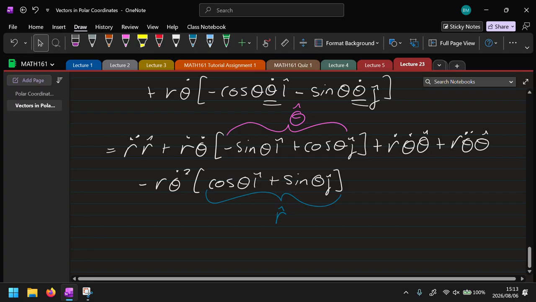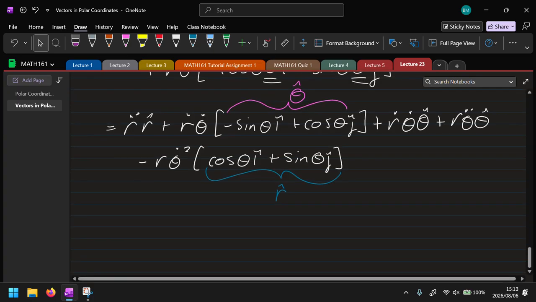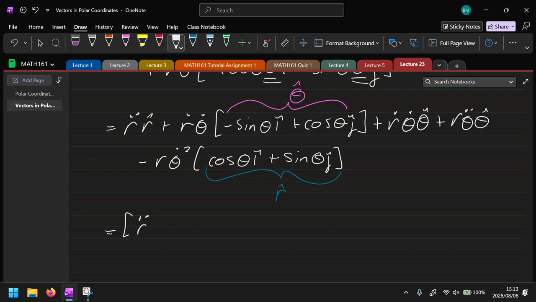So finally, we can combine all the like terms together. Everything with r hat, we're going to put together, and everything with theta hat, we're going to put together. So we have r double dot r hat, and the other r hat term is at the bottom there with the blue. Plus, and then let's put the theta terms together.